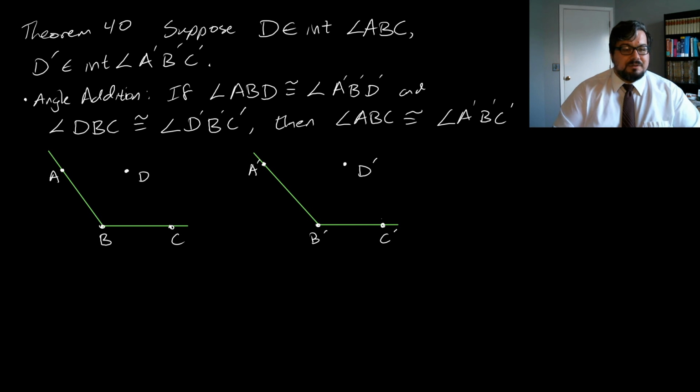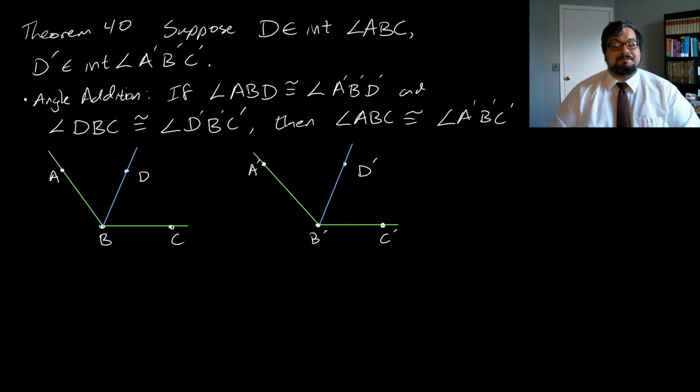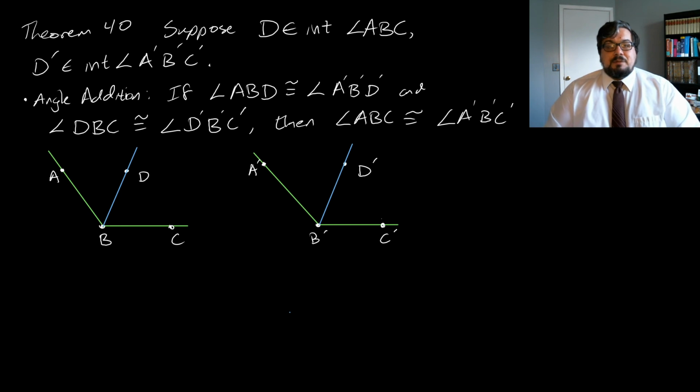And of course, when we do that, that allows us to construct these angles here. Now, you'll notice that this setup is similar to one of our axioms. In fact, axiom A4, which was called the angle addition postulate, so that's definitely going to be used here.